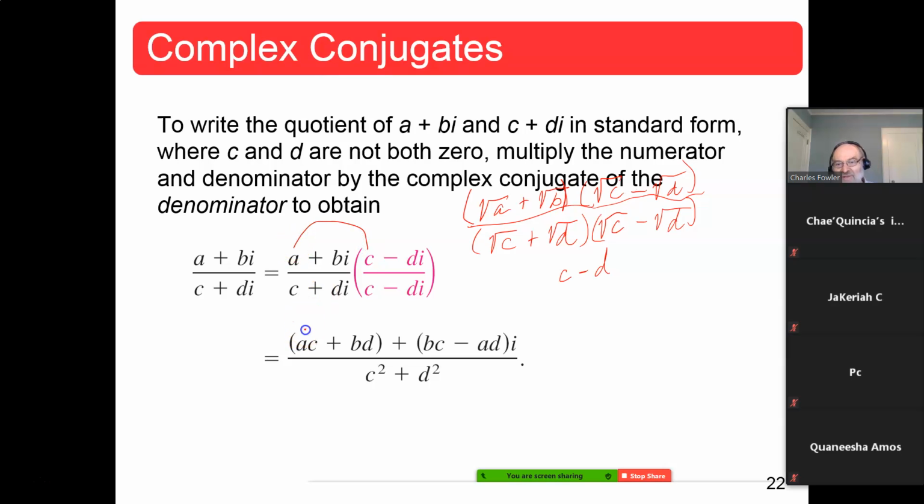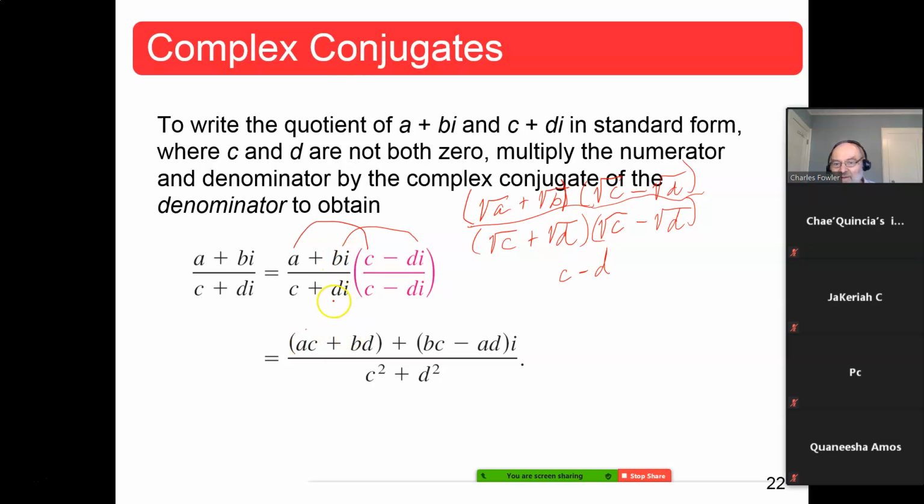A times C, and remember, because here this would be B times D, or minus D, which is minus BD times a minus I squared, which is minus 1. So that would be AC plus BD.